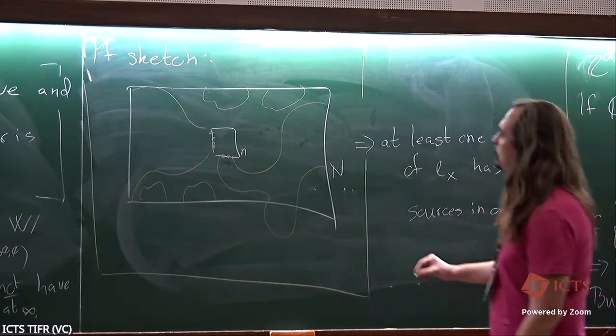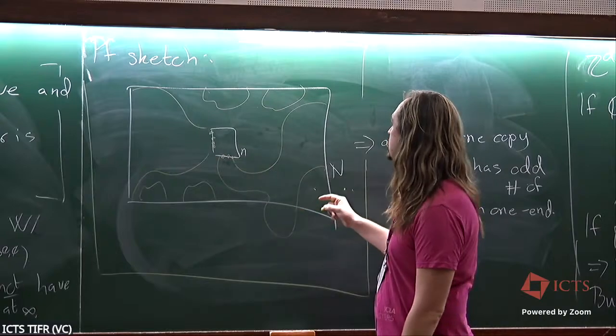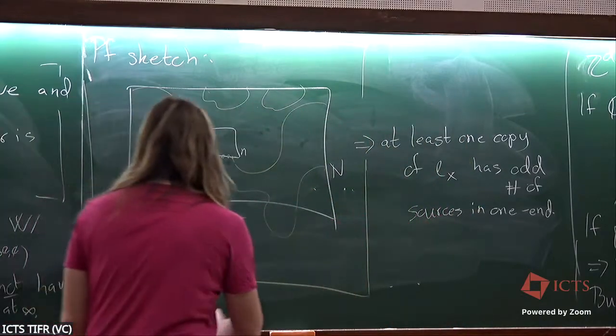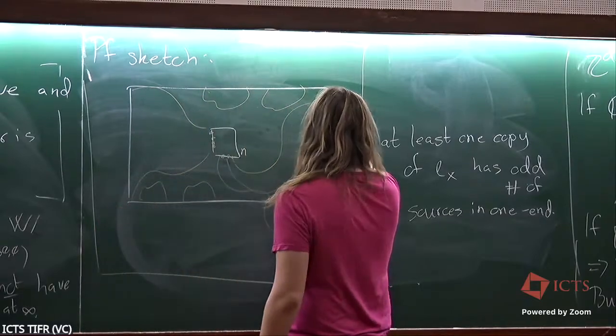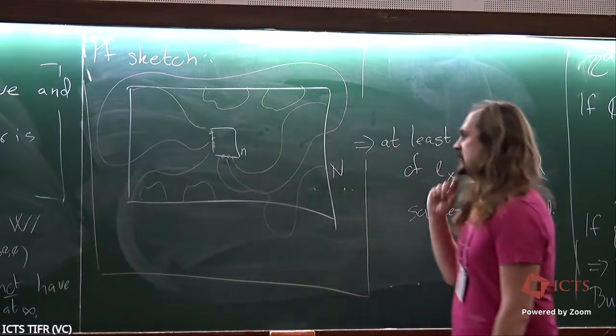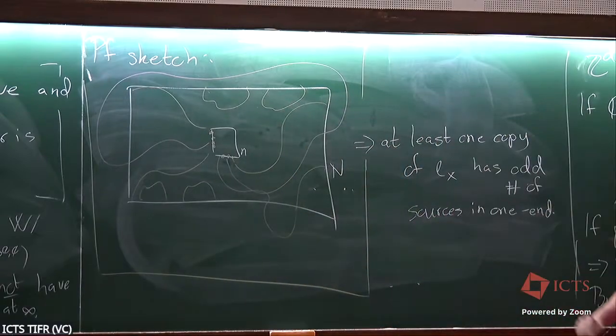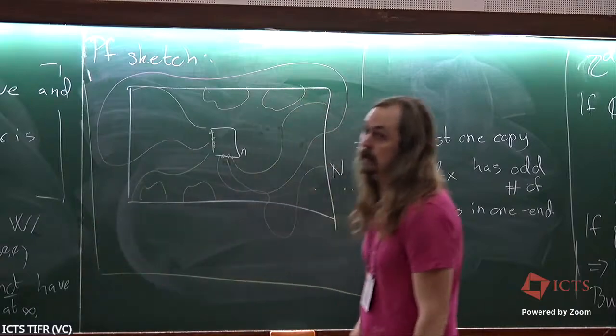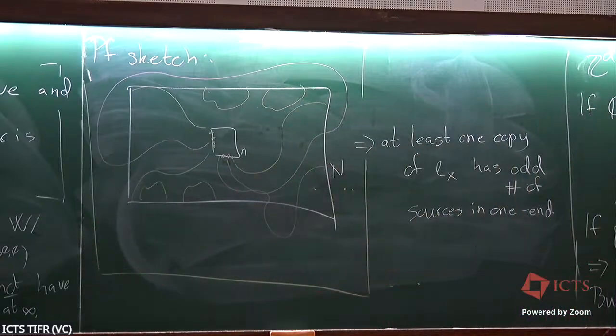Why? Because if it has odd sources, that's because in the bigger graph, there is some loop wrapping around. Okay, but if I take the symmetric difference with this guy, and that preserves the UEG measure, then I flip the parity of the sources.